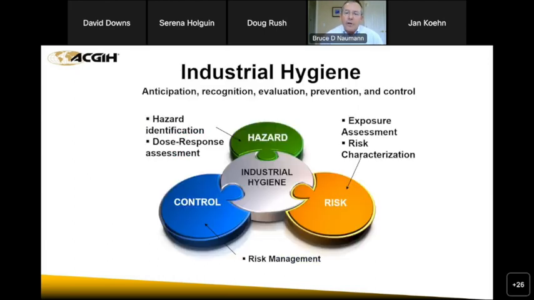So, we heard Doug talk about the ARECC. The terminology differs a little bit depending on which website you're looking at. And even in risk assessment, there's a lot of commonality between the buzzwords or the descriptors that we have. And so up here in the upper left, we have hazard identification and dose response assessment.